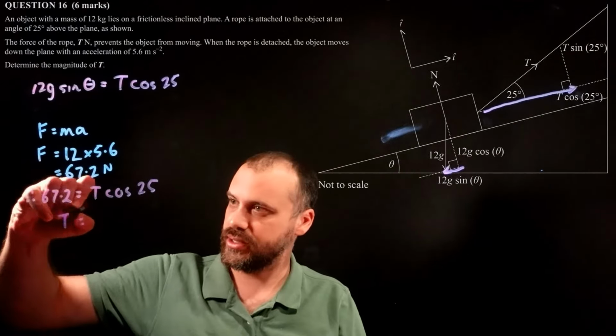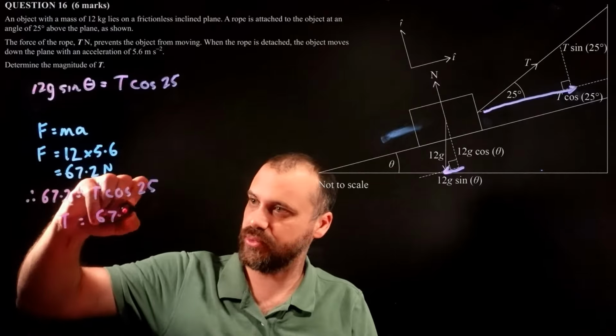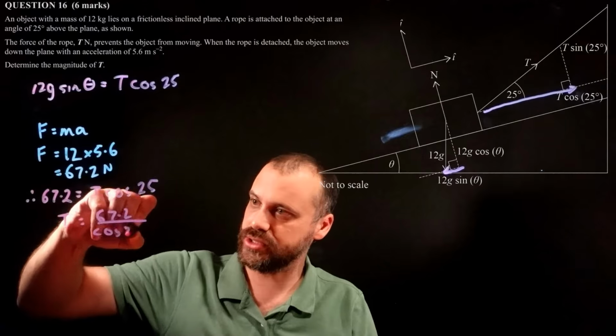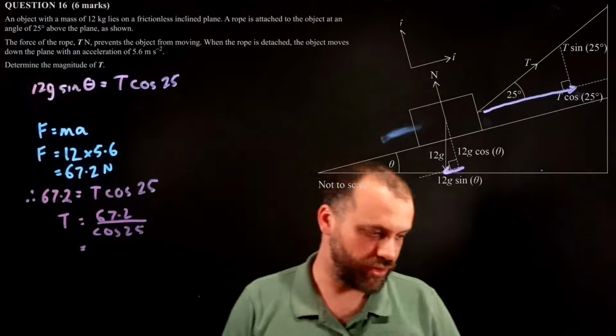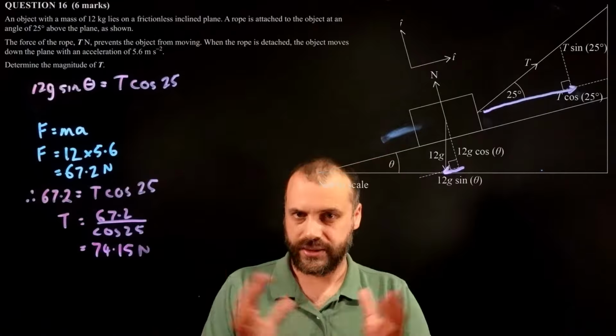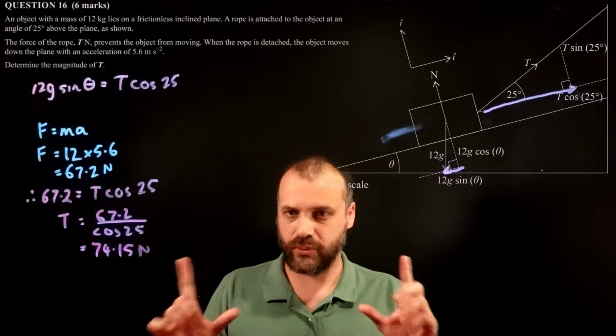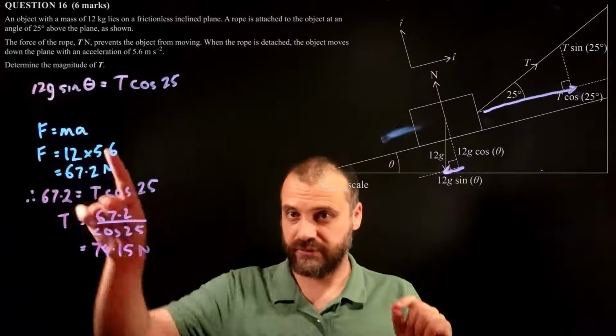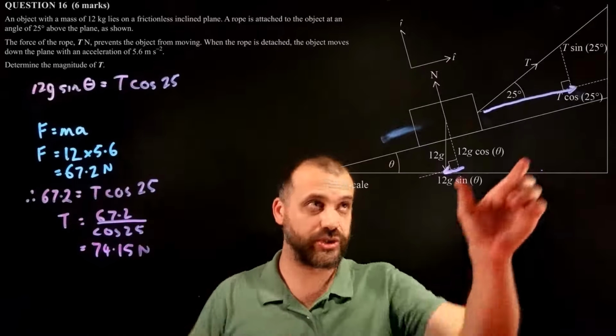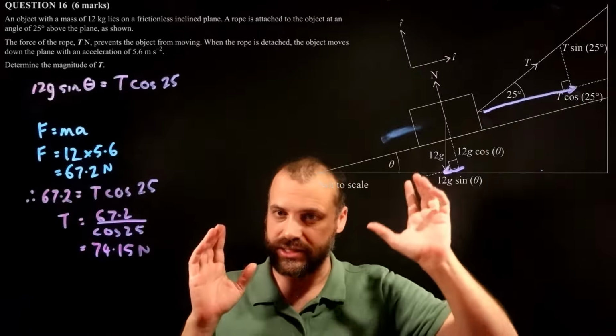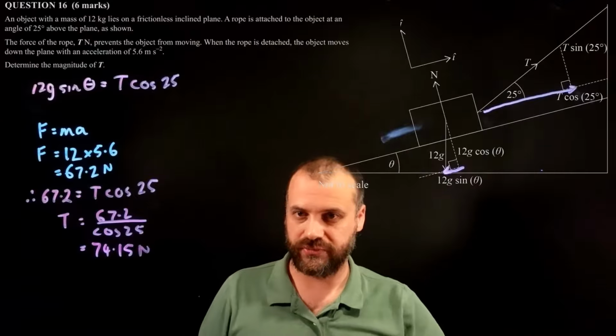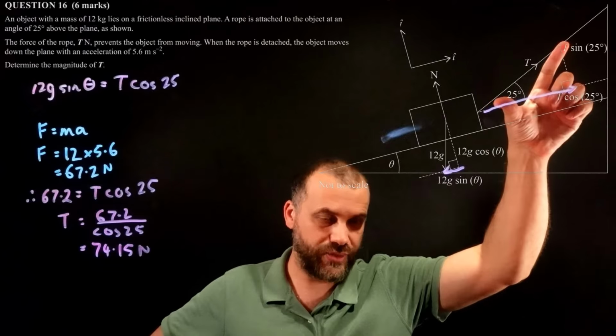So T is equal to 67.2 divided by cos 25. Let's calculate that, and our answer is 74.15, which is our final answer. Determine the magnitude of the tension in this rope: it's 74.15.